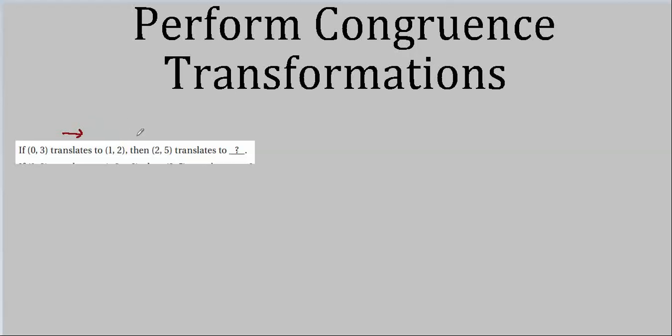Don't know if you're used to stating it that way, but functions are frequently written as x and then the image of x under f. Well, same thing here. We have the transformation and the image of the transformation. Well, it looks like this went up 1 here, and from 3 to 2 it went down 1. So we've got 1 and minus 1.